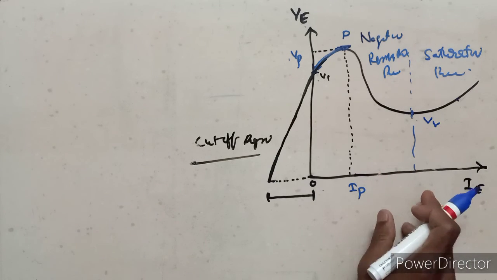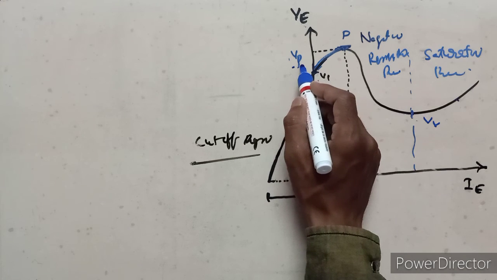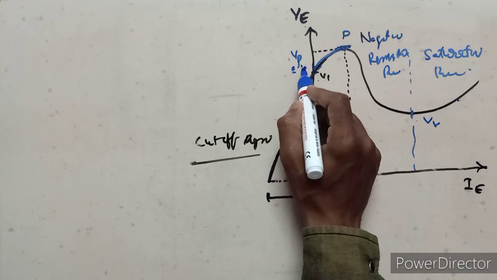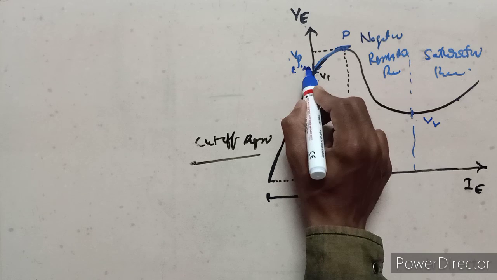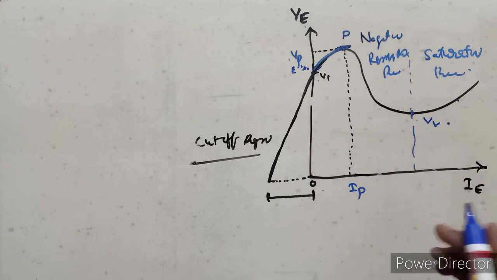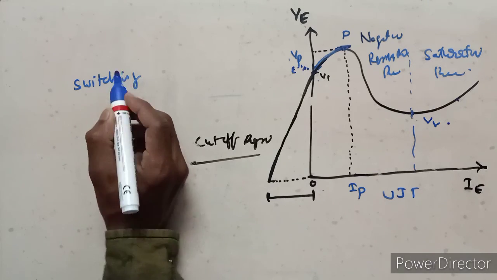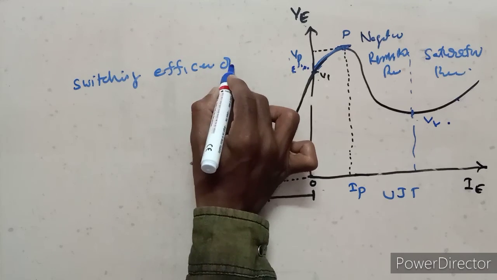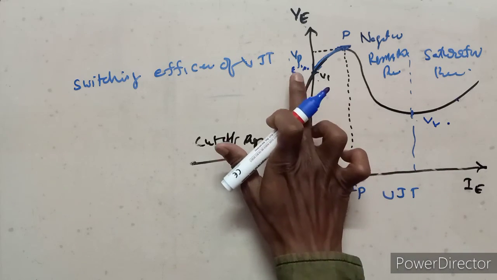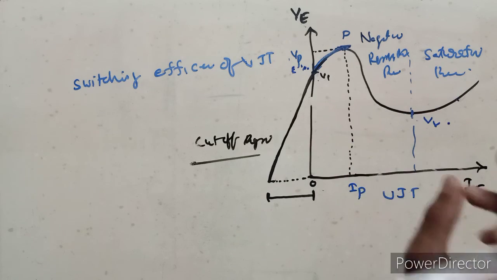So the curve between VP, meaning peak voltage or peak value, and the valley voltage is a measure of the switching efficiency of the UJT.